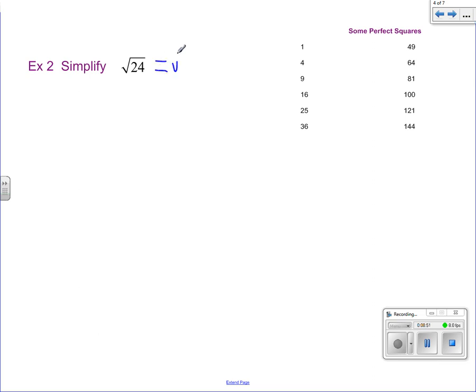So we're going to break up 24 as 4 and what else? What times 4 gets me back to 24? 6. Beautiful. What's the square root of 4 now? Square root of 4 is 2. Drop down square root of 6, and boom, we have got our answer.